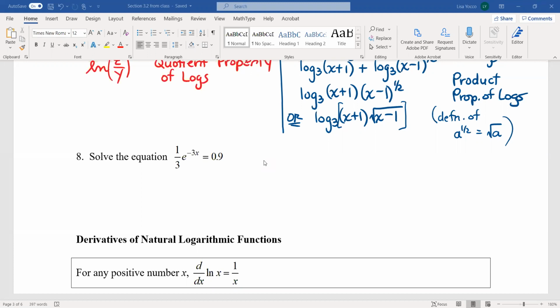As I mentioned last week, exponential functions and logarithmic functions go hand in hand.